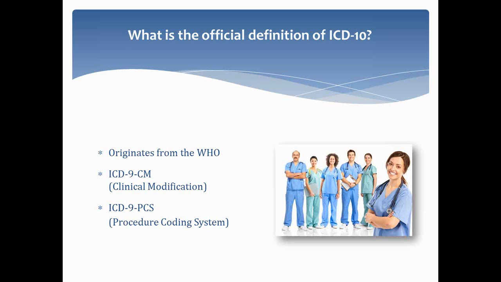And then if we break it down a little bit further and go into the specific definition of what the clinical modification set is versus the procedural coding system, the ICD-10 CM, essentially it is the clinical modification of the WHO's ICD-10, so the U.S. has adapted that, and it consists of diagnostics, classifications, and it includes the level of detail needed that documents morbidity classification and diagnostics within the United States.